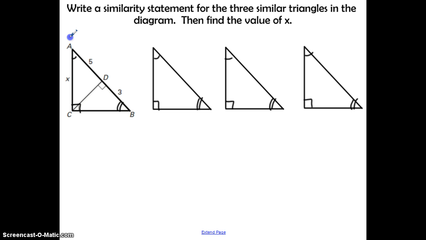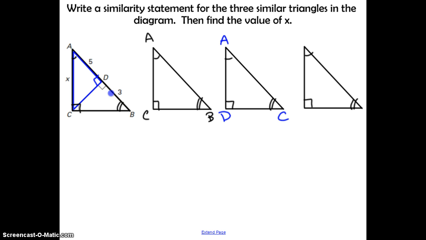The very first one we want to label A, C, B. So we have A, C, B. Then when we look at this triangle, our blue one, D is the right angle. Then A is the one marked with 1, and C is our other one.